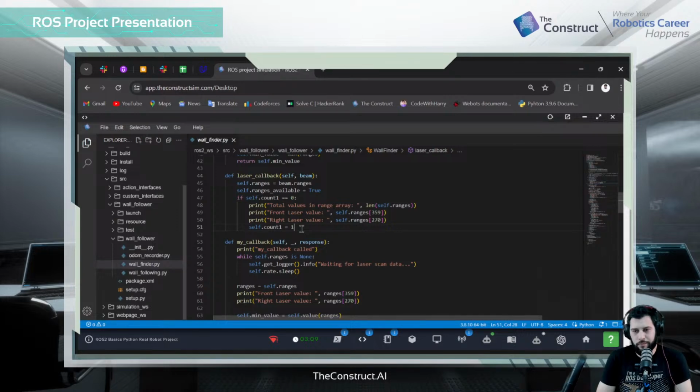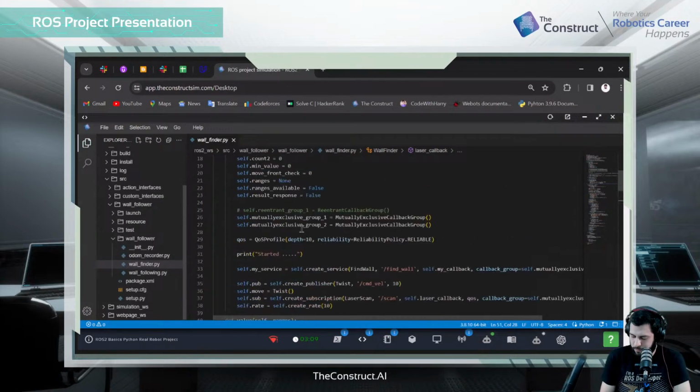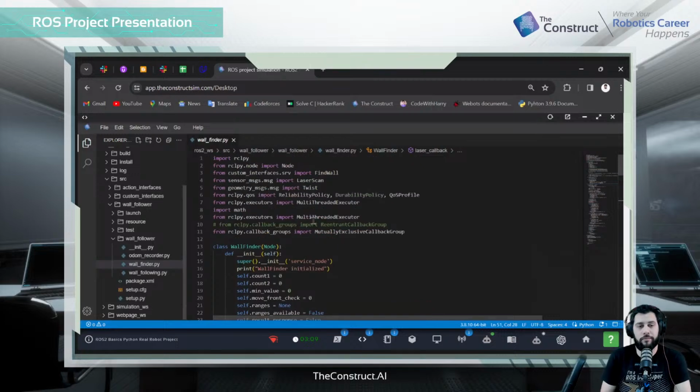Then I realized the next topic was that. I went into that topic again and came to the conclusion that we need to use executors, the multi-threaded executor, and callback groups. So this is one of the main differences between ROS1 and ROS2.